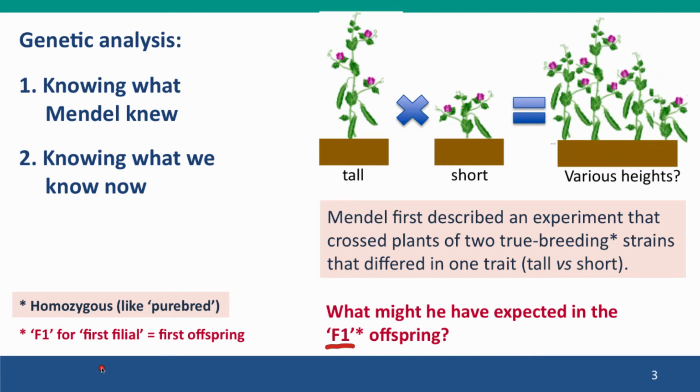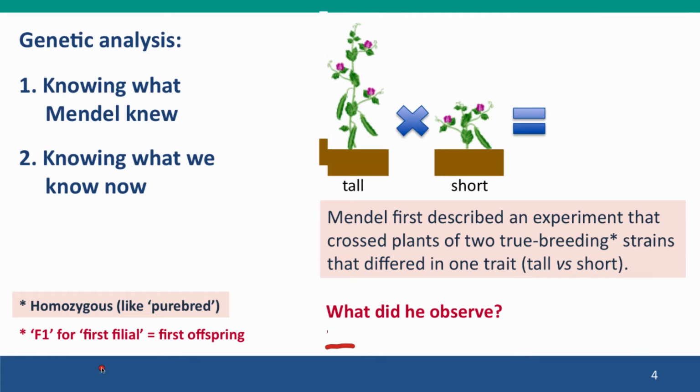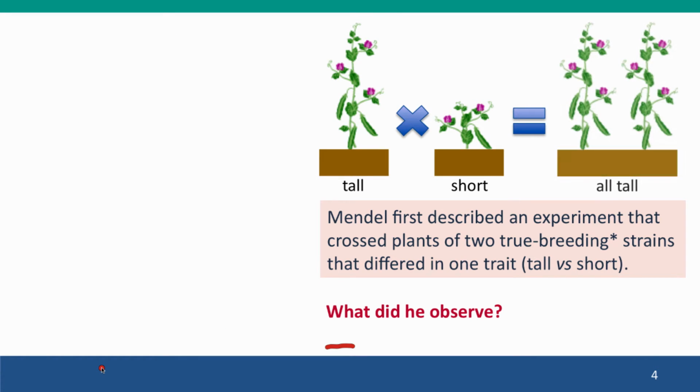Or he might have expected that they would be of various heights if he'd been paying attention to natural populations. What he probably didn't expect is what he saw, that all of the offspring were tall. They were just as tall as the tall parent.